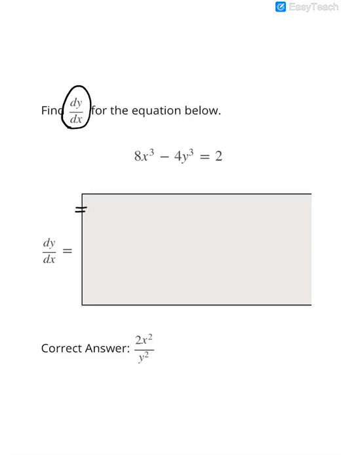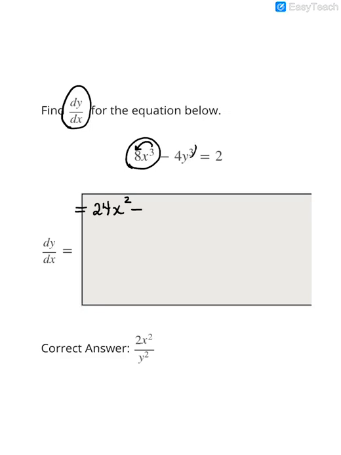As we approach this problem, as long as the term is in terms of x, you just derive like normal. We're going to pull the 3 to the front and multiply, so that becomes a 24, and then decrease the power by 1, times x squared. When we get to a term that doesn't have an x, we will go ahead and derive it.